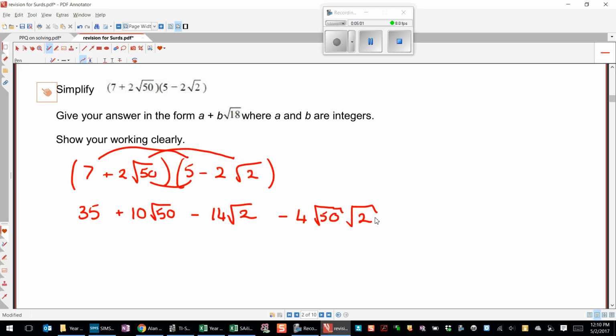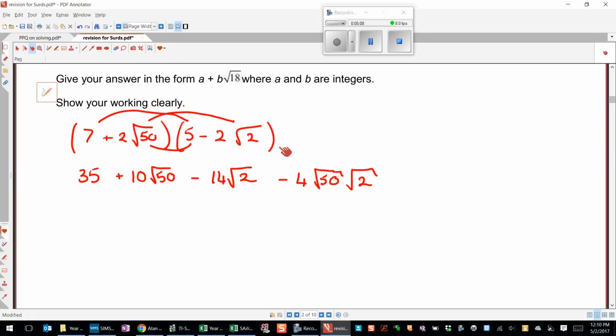Now we can still simplify that. So we have 35 plus 10 root 50 minus 14 root 2.